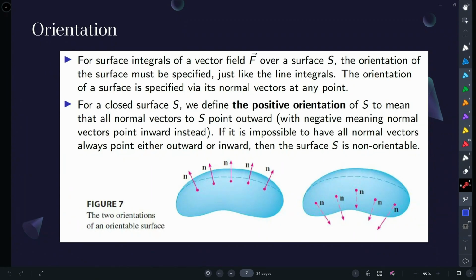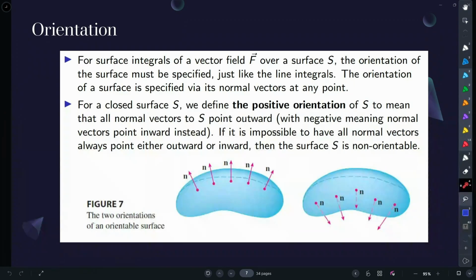Either we will tell you to assume it's the positive orientation, so whatever the normal is, it's already positive. Or if you have to come up with a positive orientation, you have to figure out what a normal vector is, and then plot a couple of them just to see that they're pointing towards the outside of the surface. If the surface is not closed, there is no inside or outside, so this notion doesn't quite exist.